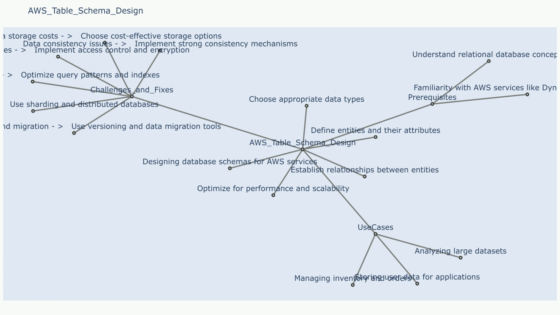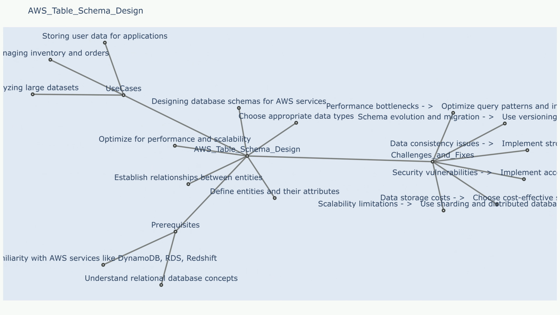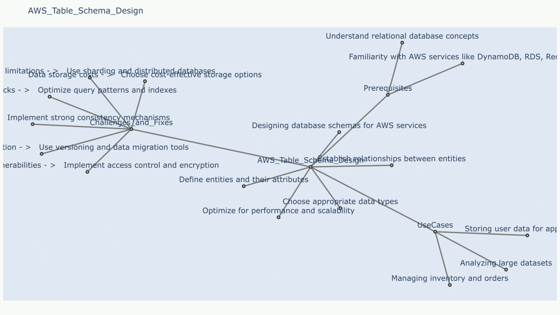Designing schemas for storing and analyzing large datasets from diverse sources, such as log files, sensor readings, or social media interactions, using services like Redshift or EMR. Managing inventory and orders. Implementing schemas to track inventory levels, manage orders, process payments, and maintain a comprehensive record of transactions in e-commerce or supply chain management systems.